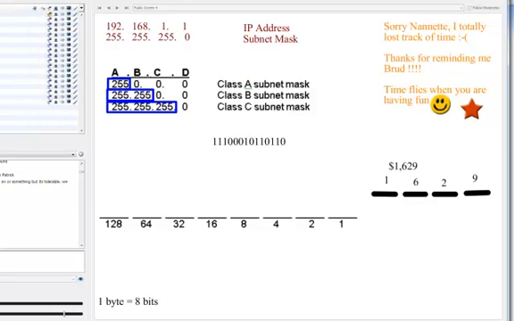So 1,629. So remember from elementary school, we learned what the 9 was, what position that was, right? This is the ones position, right? That's like having 9 single dollar bills. So I'm going to write that in. That's called like the one placeholder.